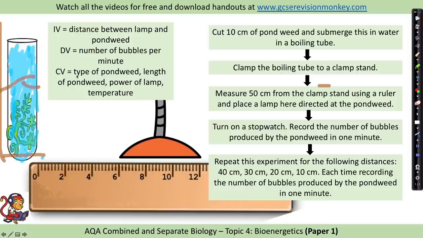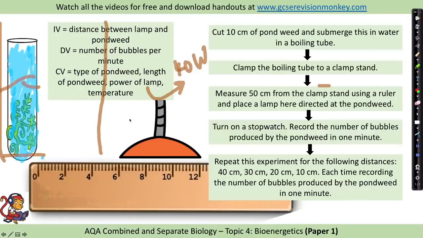And important control variables, things like type of pondweed, the length of pondweed, the power of the lamp you're using. For example, you might want to say you're going to keep it at a 40-watt bulb or something like that, and the temperature. Now, with regards to temperature, you may well see a transparent heat shield in front of the lamp, which will stop the lamp from heating up the water.